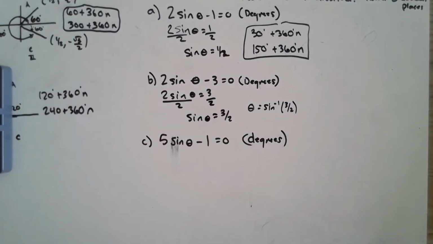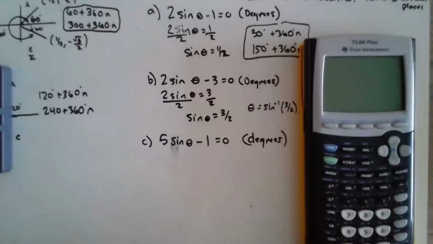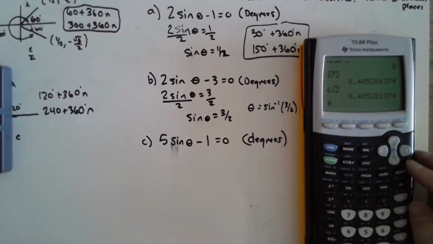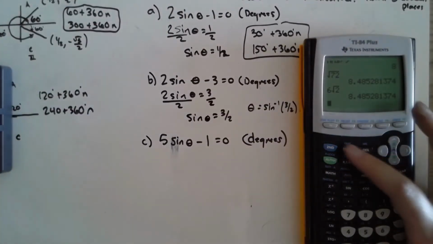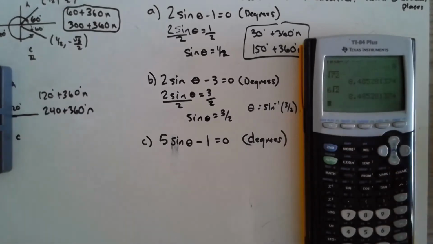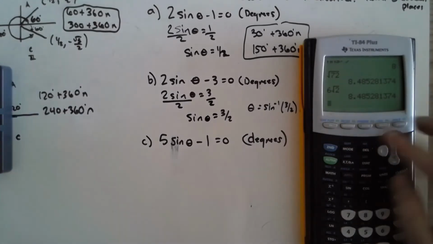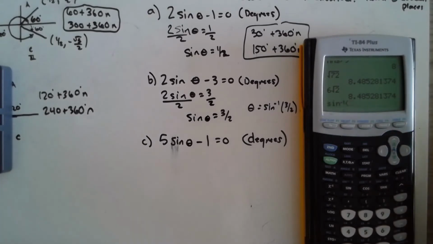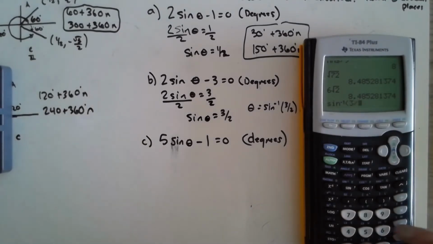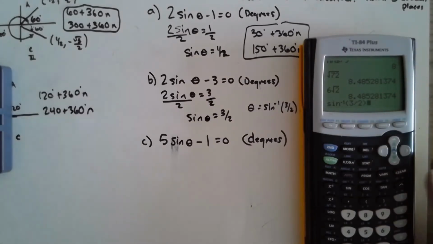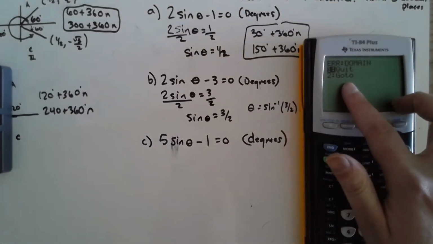And again, remember, because of that domain and range restriction, this is only going to give us one answer. Some of you probably have already noticed this, but if not, this will be a surprise for you. I made sure I'm in degrees. Second, inverse sine of 3/2. Any guesses what will happen? If you guessed error, you're absolutely correct.